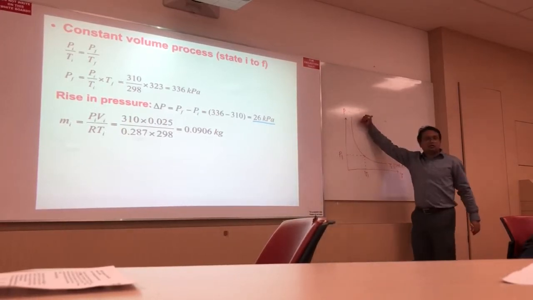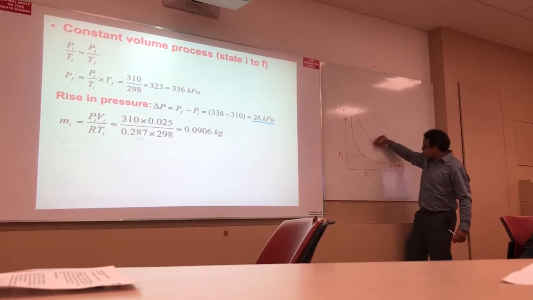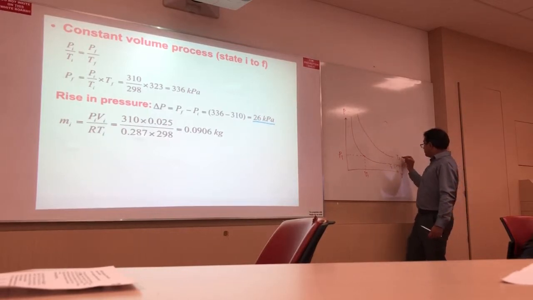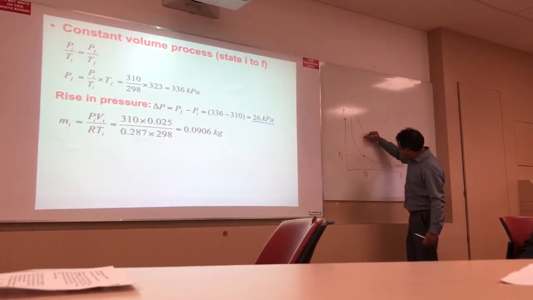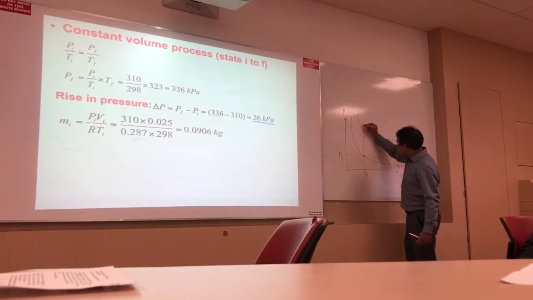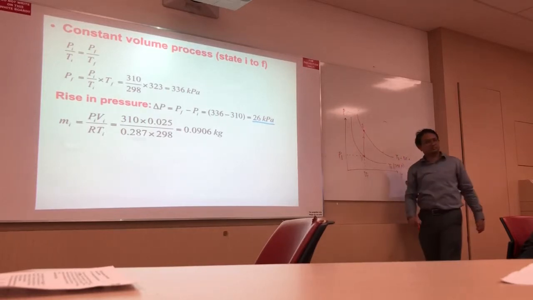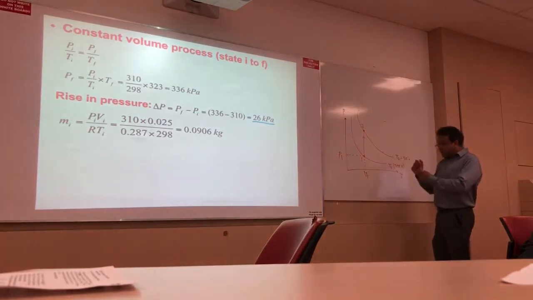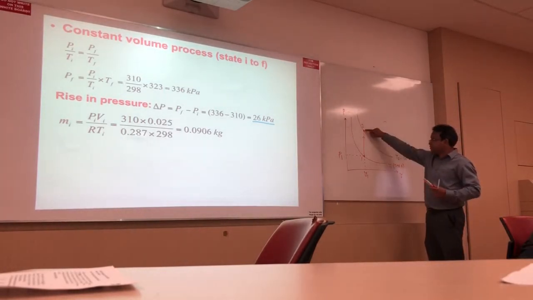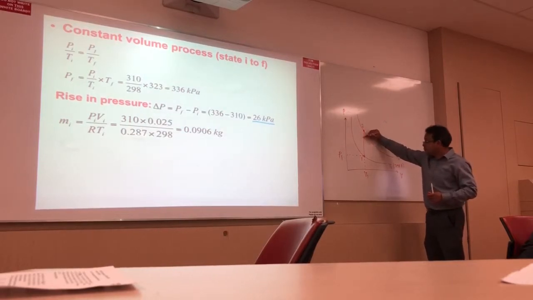At constant volume process, this is T2, 50 degrees Celsius. So it goes from state 1 to state 2 at constant volume, right? Correct. Now what do I do? Now I release the pressure, so the pressure decreases.